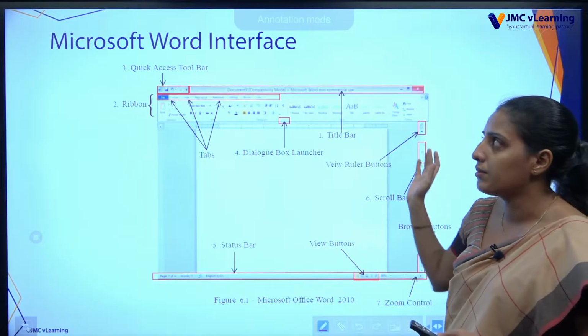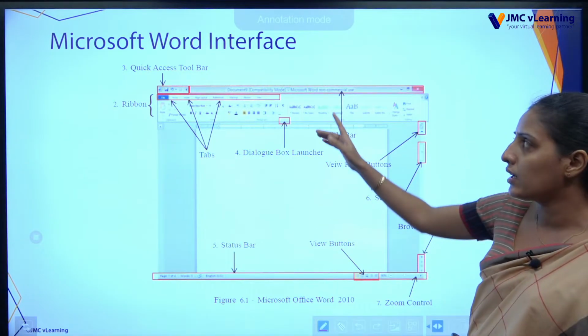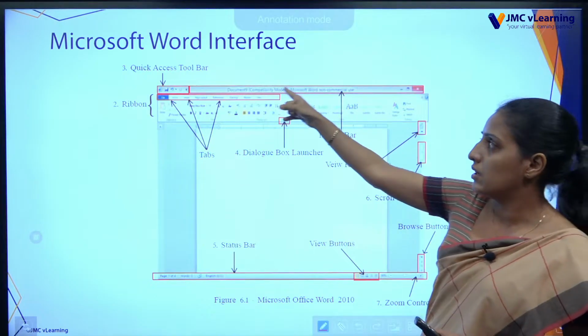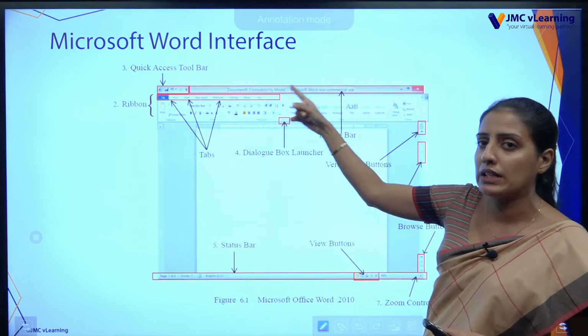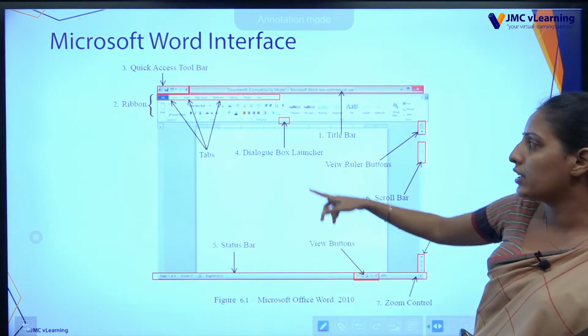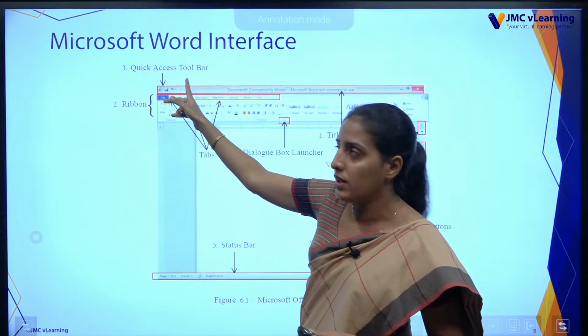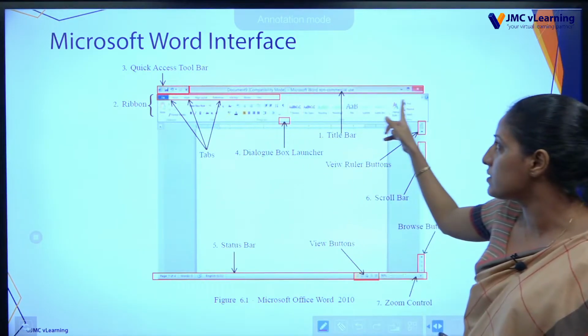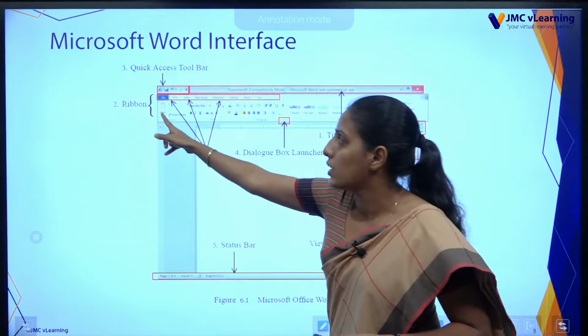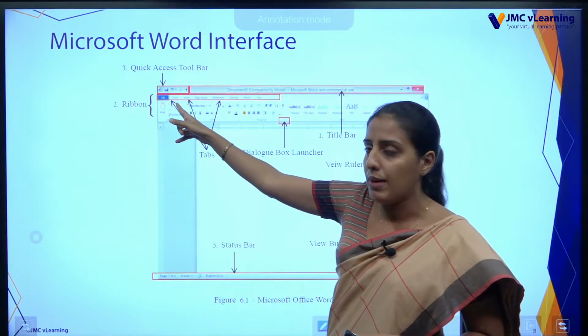Now this is the Microsoft Word interface. At the top of the window you can see the title bar. Then you can see the quick access toolbar, and this whole part is called the ribbon, and these are the tabs.